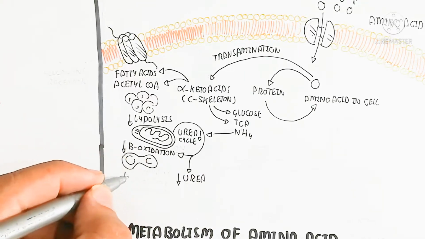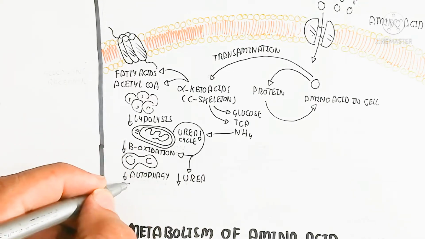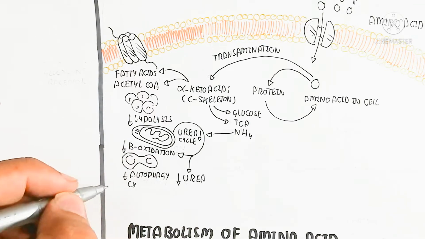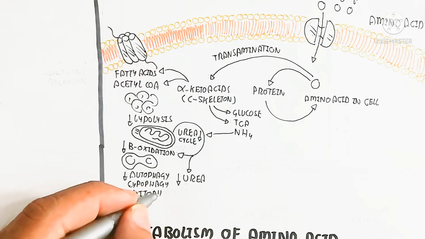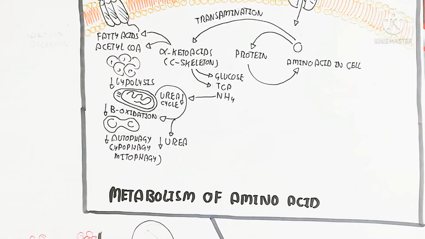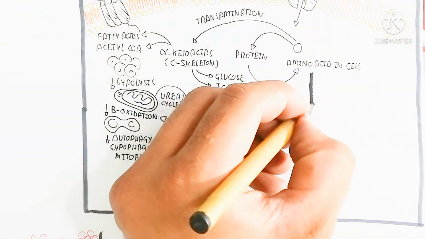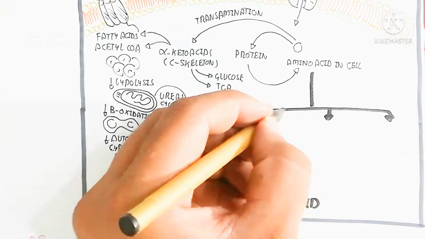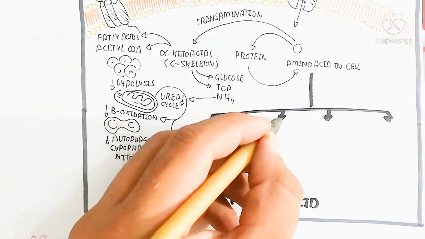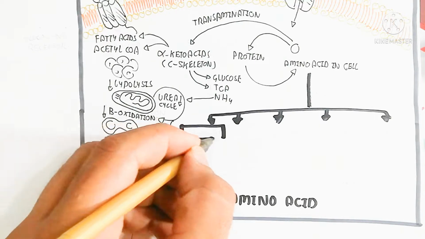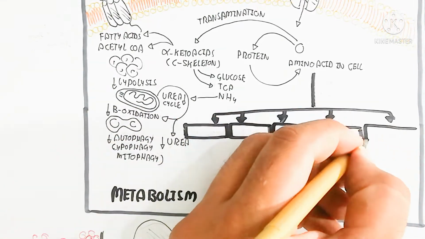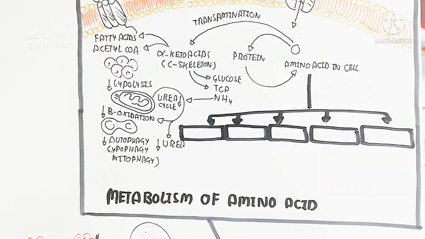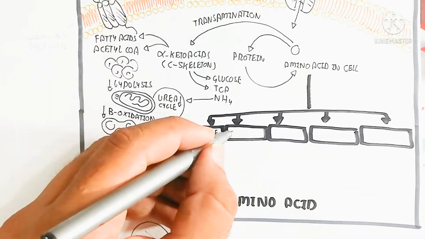Here the urea cycle will be decreased and urea will be decreased, and beta oxidation is also decreased because it is catabolism. Autophagy is also decreased, and mitophagy also, because it is also catabolism. But anabolism will be increased, meaning the amino acid in the cell will be used for synthesis of nitrogen containing compounds, hormones, the GABA neurotransmitter, and glutamate, a neurotransmitter, as well as cytokines.